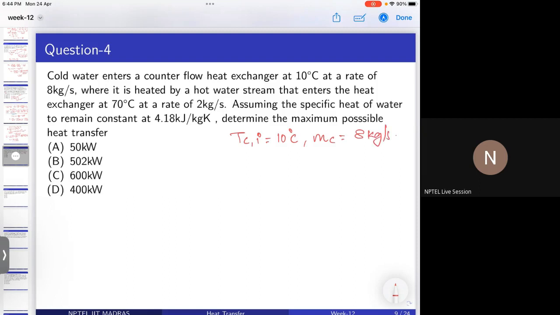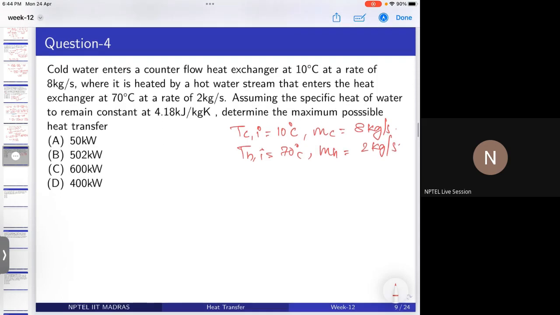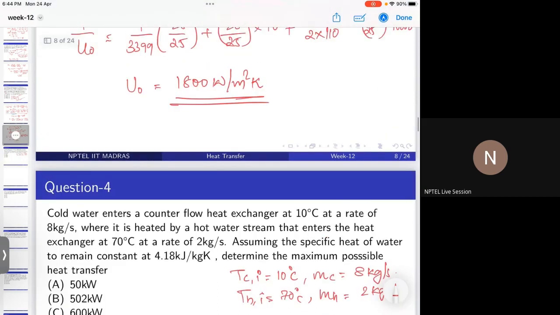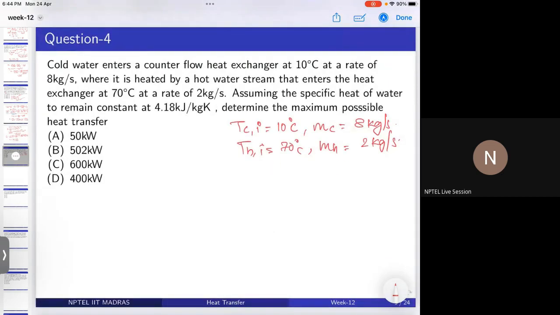It is heated by a hot water stream that enters the heat exchanger at 70 degrees Celsius at 2 kilogram per second. So what is the maximum possible heat transfer that can take place in a heat exchanger? Can you tell?